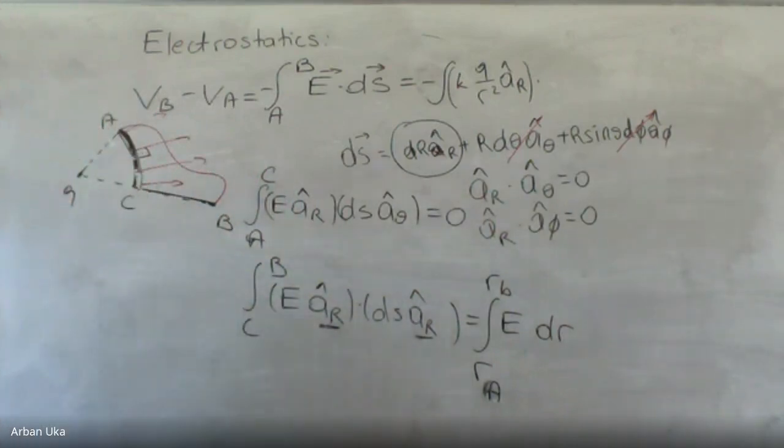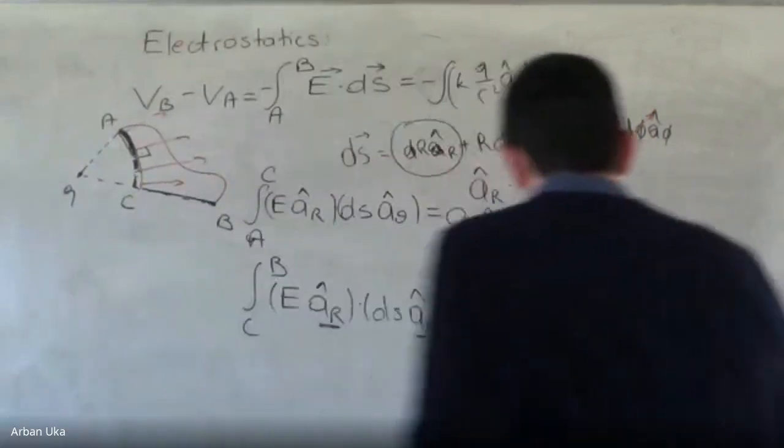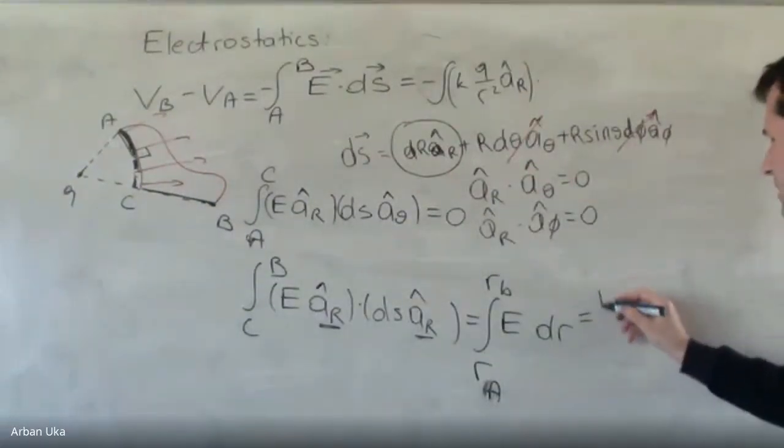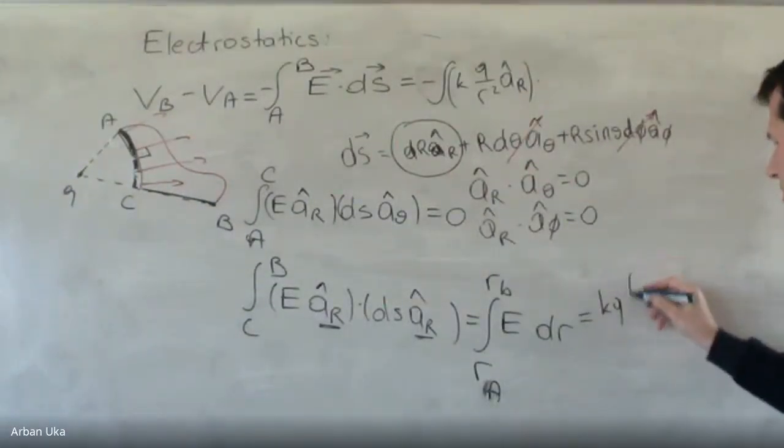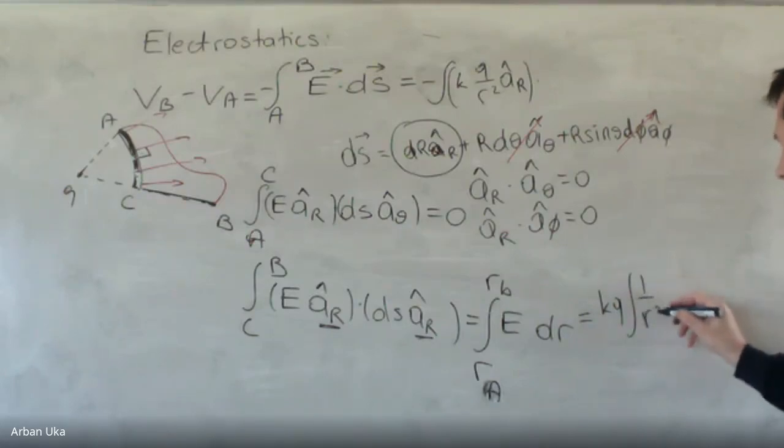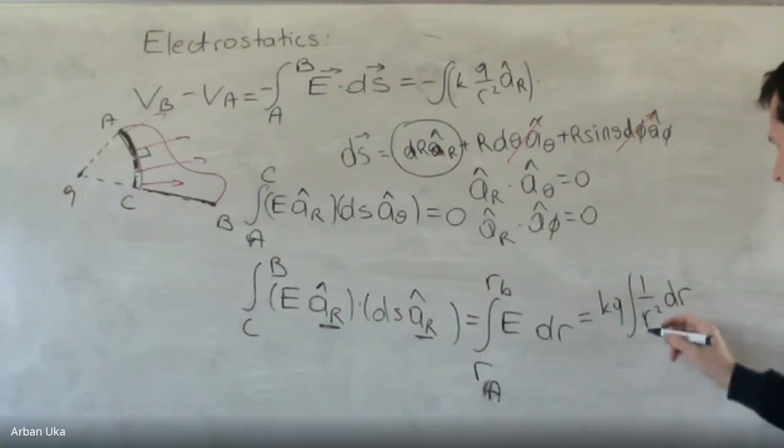So using some arguments so that we don't lose the general concept because we are dealing with vectors, what we are really doing here is integrating kQ, which are constants, times 1 over r squared dr. That's what we are really integrating, and this is equal to minus 1 over r.